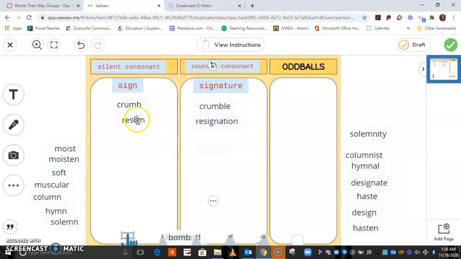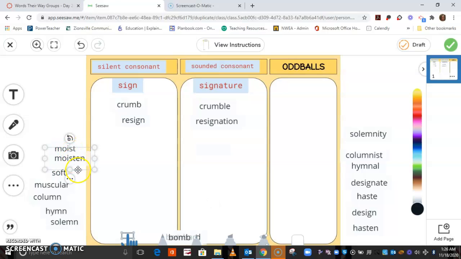Okay, silent G again, but you do hear it in the word resignation. Here's one really close. We have moist and moisten. Okay, moist is inside this word here. We have moist and moisten.